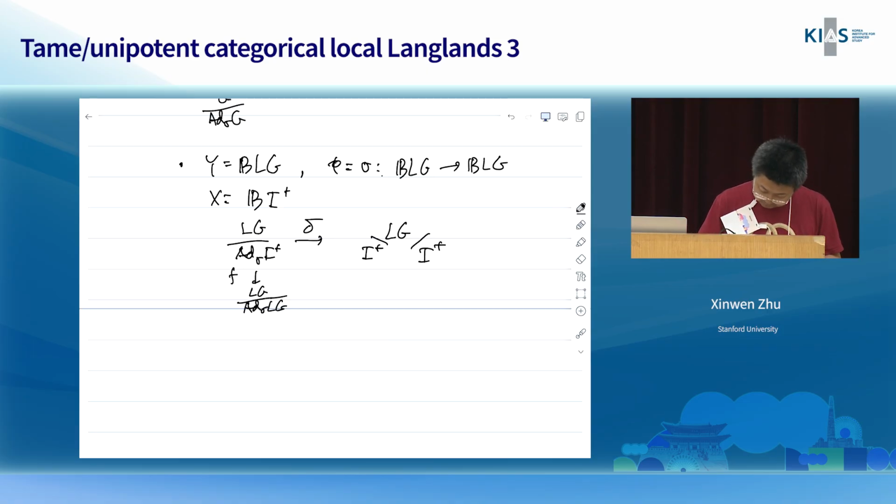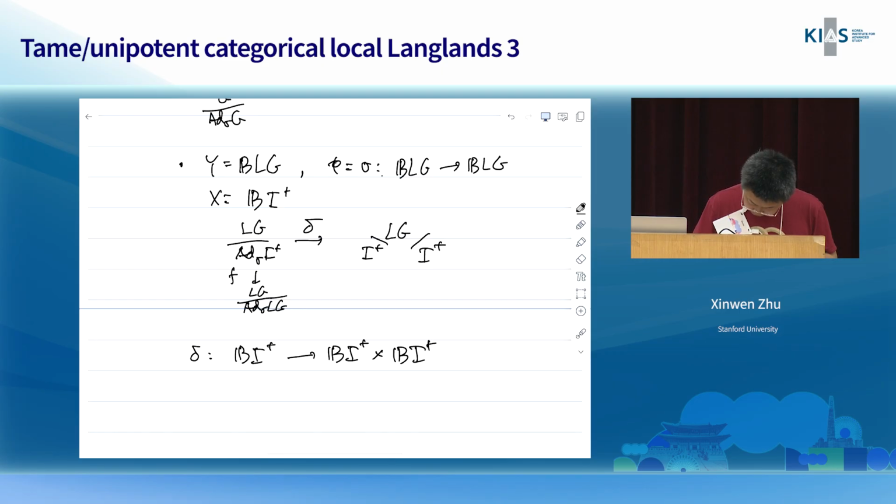First of all, this delta, which is B I plus to B I plus times B I plus, is the diagonal. If you think about it, it's an I plus torsor, maybe not really a torsor, but anyway.